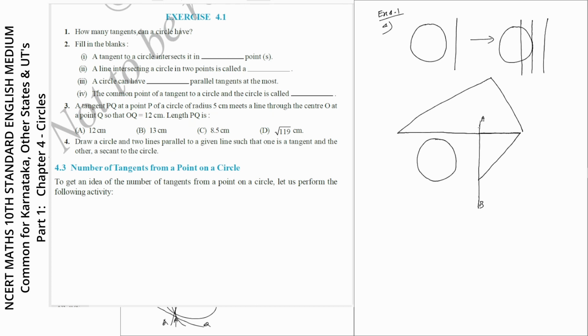See, the first set square I'll place such that one edge of the set square lies exactly on the given line. That way I will place, and the edges of these two set squares will touch. That way I'll place both the set squares. Now I'll keep the top set square fixed and move the bottom set square this way, in the horizontal direction, such that the bottom set square will come here like this.